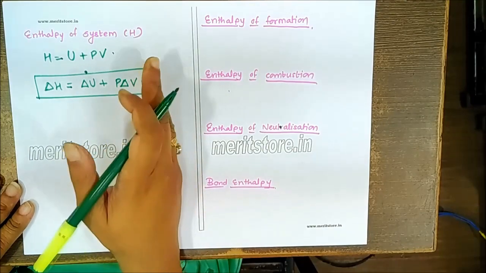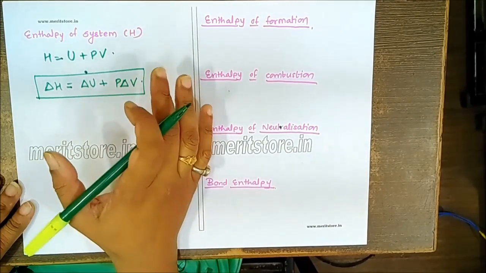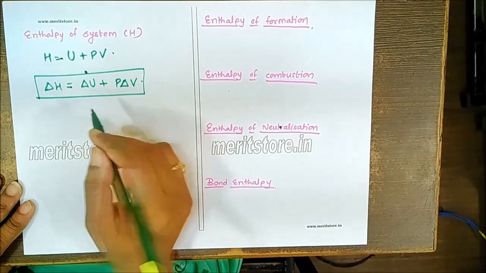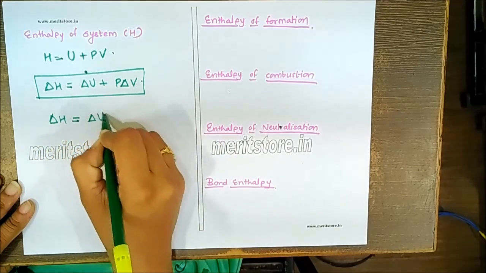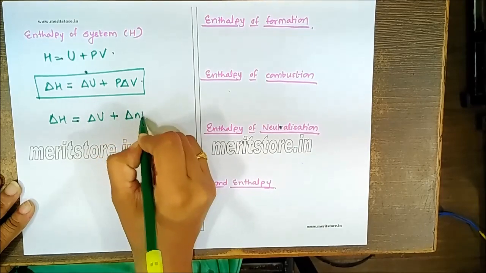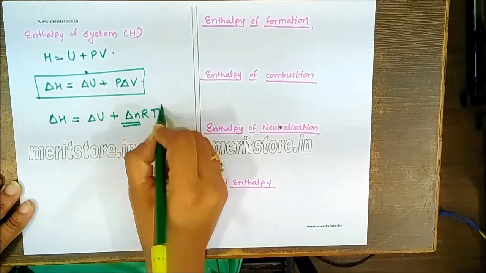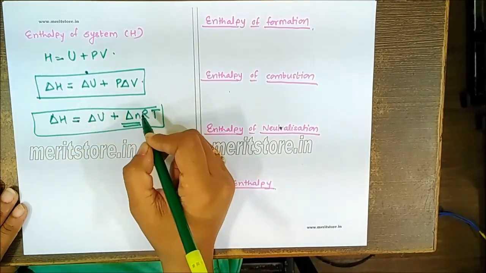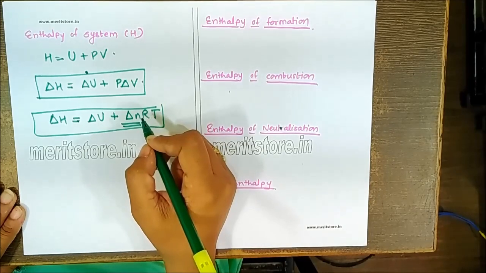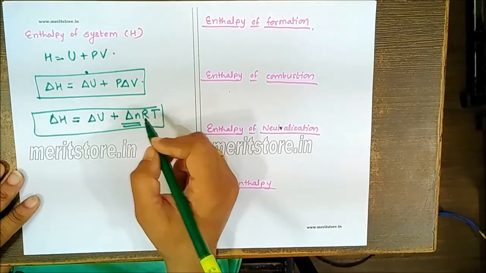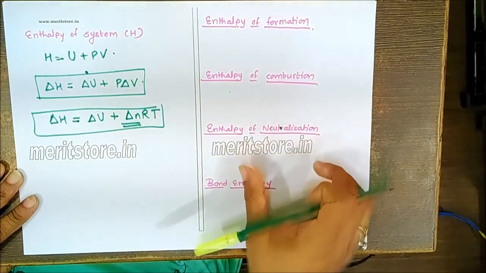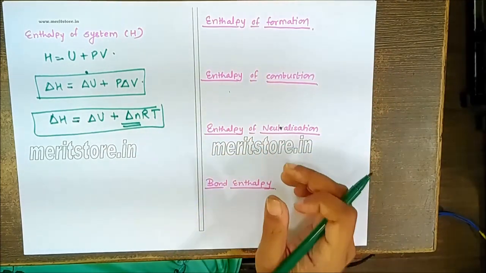But if the enthalpy of the reaction is to be calculated with respect to any chemical reaction, we have to use the formula delta H is equal to delta U plus delta nRT, where delta n is the number of moles difference between the product and the reactant, provided the reactants and the products are present in the gaseous system.